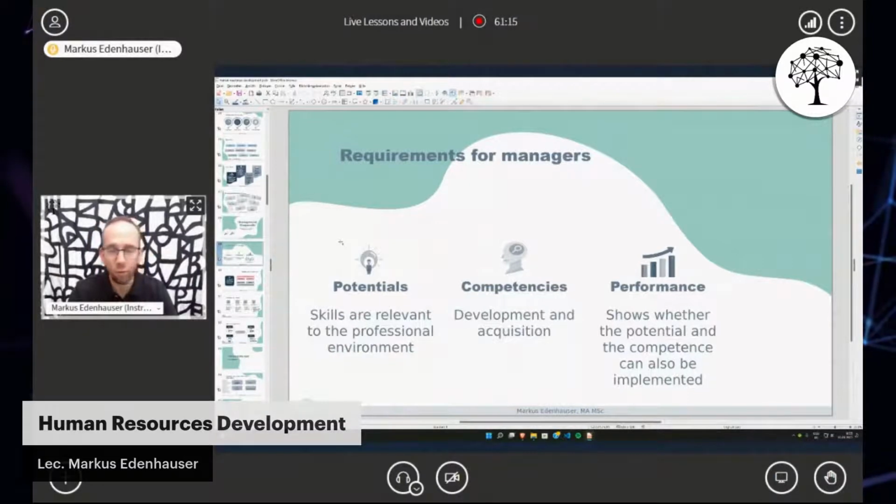Really, really necessary when it comes to annual meetings: the performance, competences, and potentials. And this is also necessary when it comes to the human resource, that we support the managers and the senior managers here in the company.